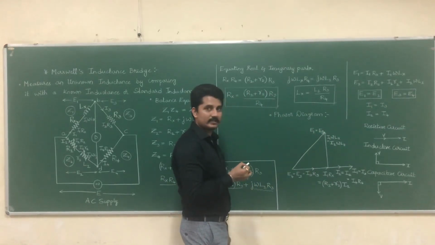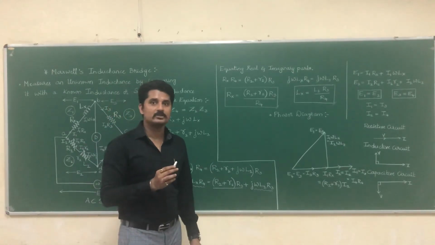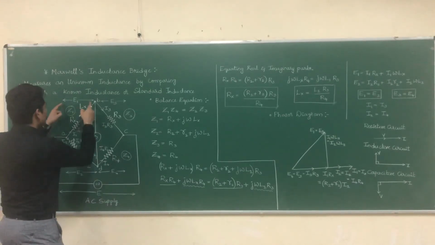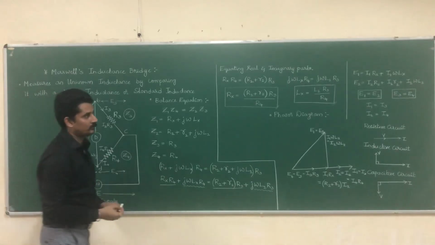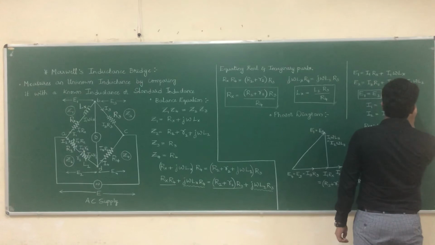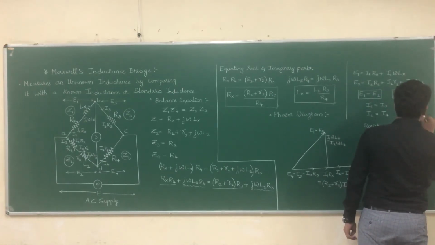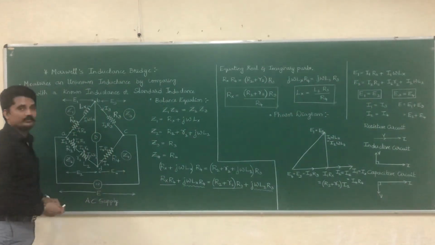Now if I take a resultant of these two, then I will be getting the supply voltage, that is this E, because this E will be equal to E1 plus E3 or E2 plus E4. So I will write here the final expression: E is equal to E1 plus E3 or E2 plus E4.